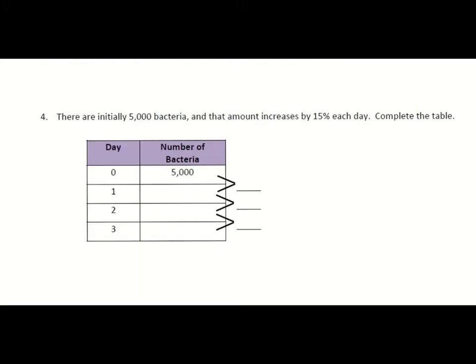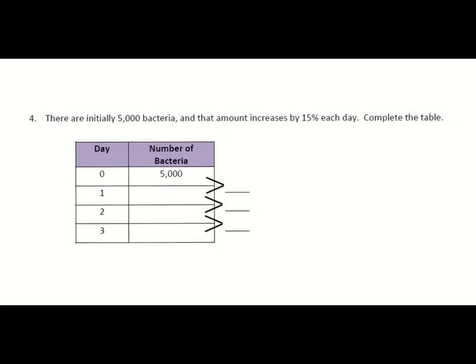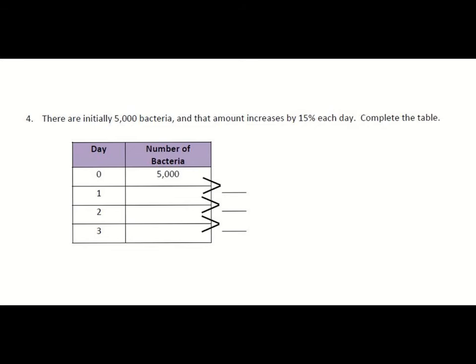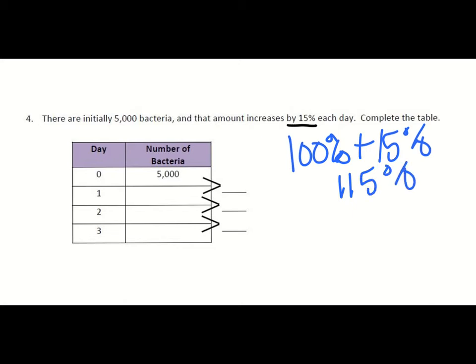Okay. So we have 5,000 bacteria initially. The amount increases by 15% each day. So that means I'm doing 100% plus 15%, which means I'm doing 115%, which is 1.15.